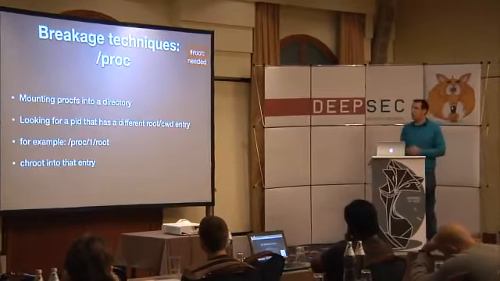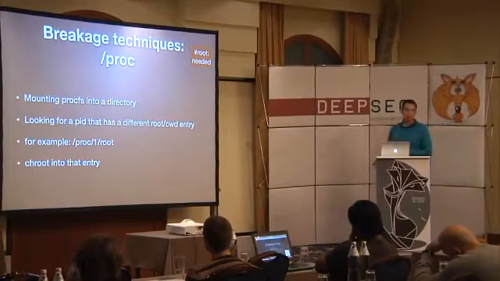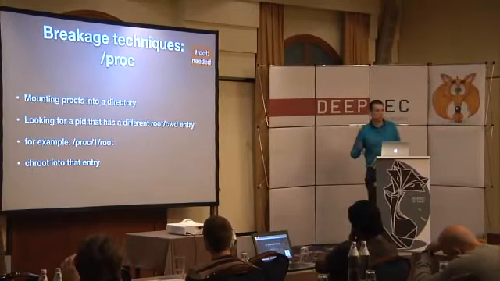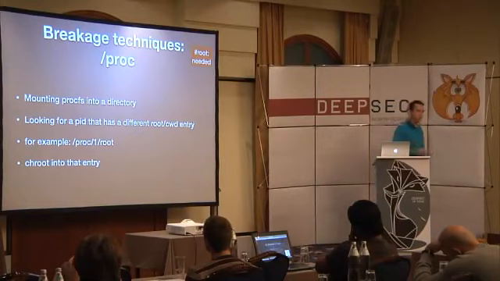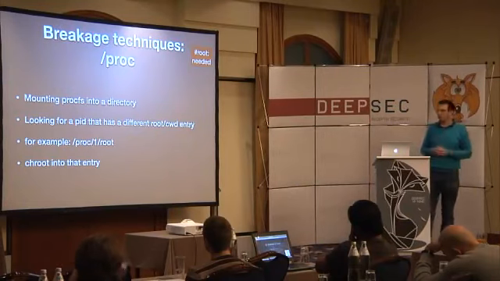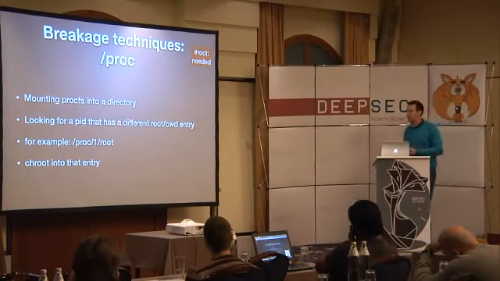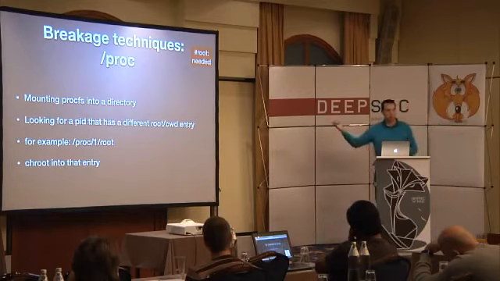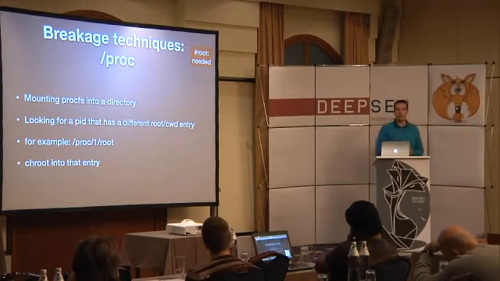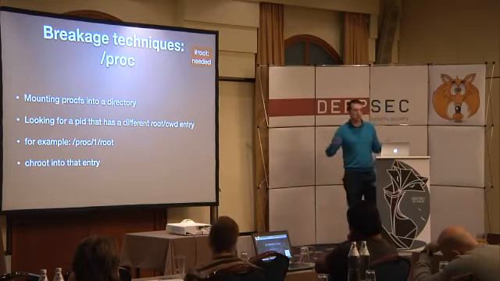The fifth technique is the procfs. You can mount the procfs, and if you have any experience with Linuxes, probably you noticed the proc directory in the root, which is the procfs, and in that you will find lots of directories that are named as numbers.